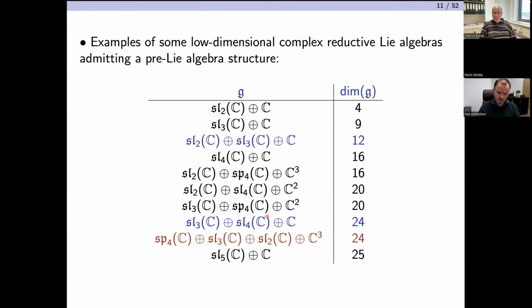Then there are some other ones. We see that not only SL_n can appear, also symplectic Lie algebras can appear. And the red one is a very particular one, which will play an important role in the second part of the talk.